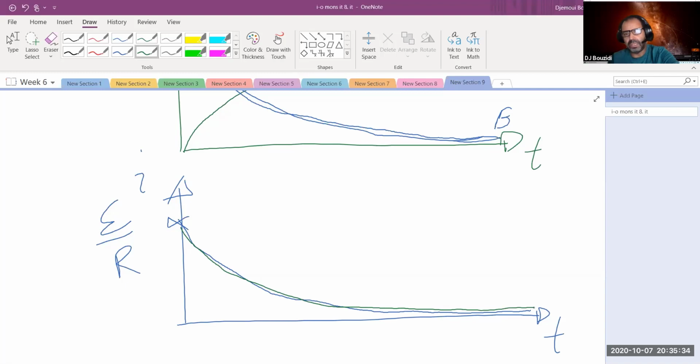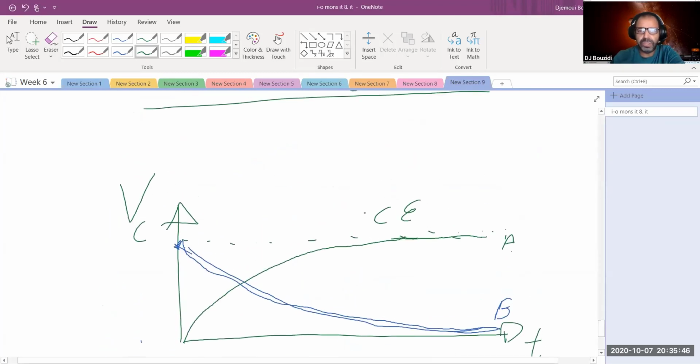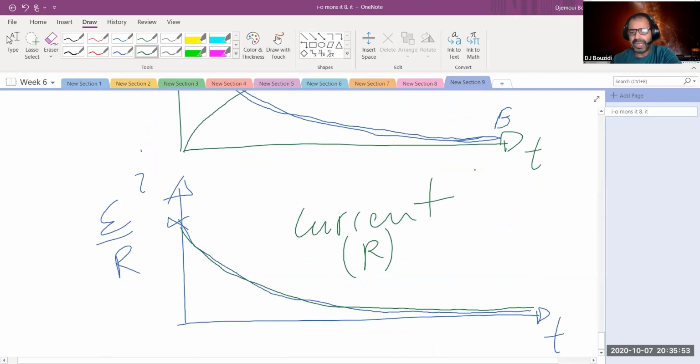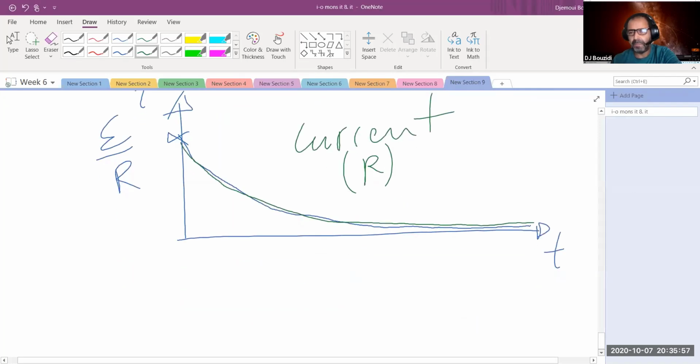So this is the current for the entire circuit, across R, if you like, okay? And this is the voltage, but this voltage is across C, the capacitor. So that's basically how this behavior is in terms of the curves.